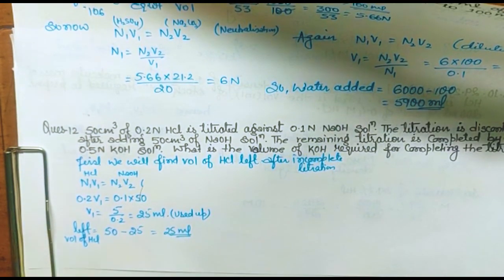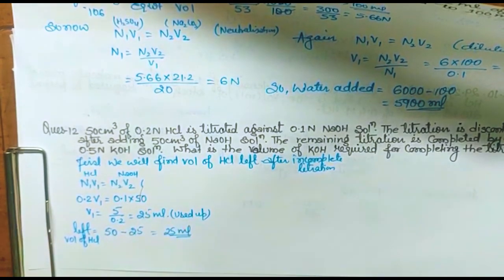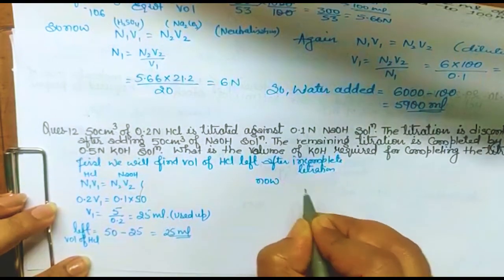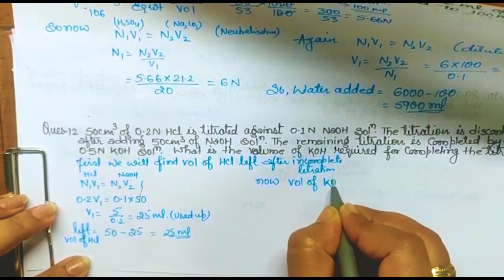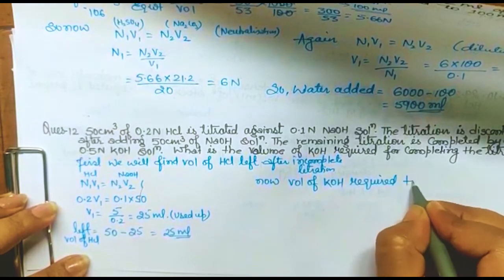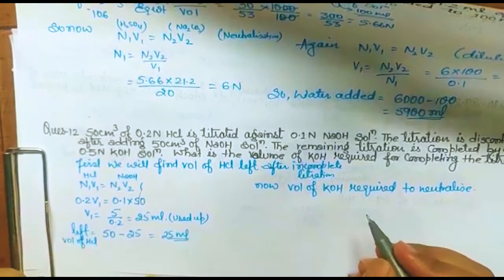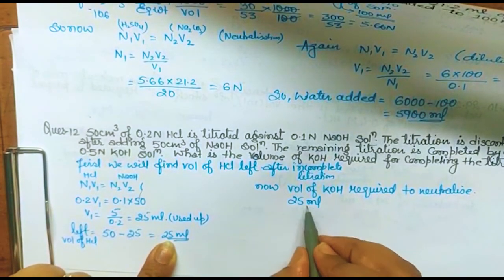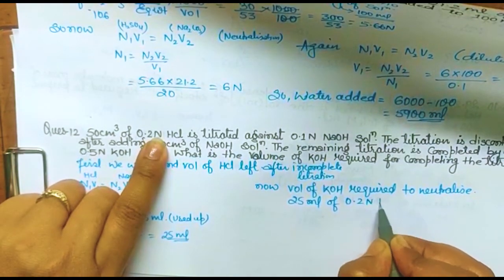Now अब क्या बचा हुआ, HCl. So that HCl we got this. Okay, so now अब यहाँ पे क्या करेंगे, now we will find volume of KOH required to neutralize, किसे, to neutralize 25 ml, ये जो left over है, 25 ml of concentration is given ना 0.2 N, same HCl.